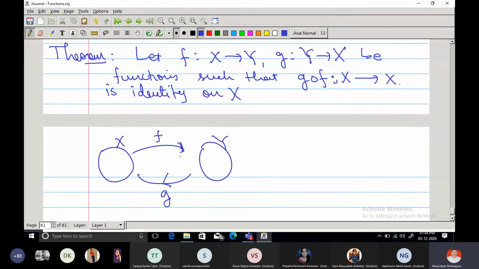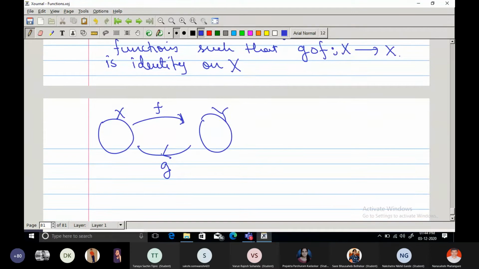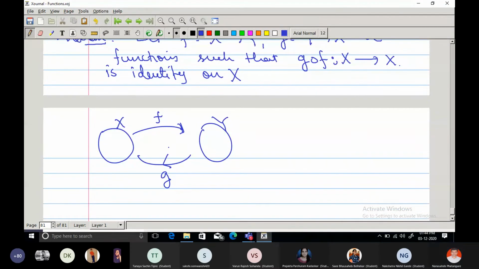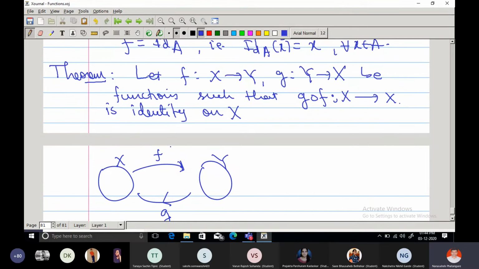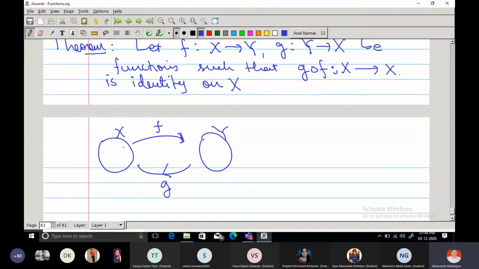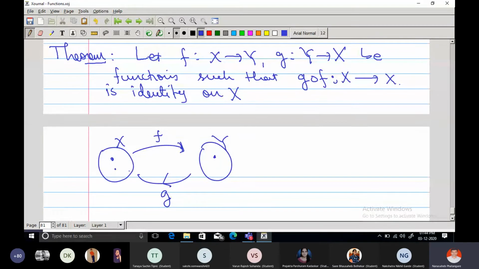Composite function is from X to X, right? Because f takes an element from X, gives an element in Y, and g takes an element from Y and gives an element in X. So it is from X to X. Suppose this is identity. Then what is the conclusion?